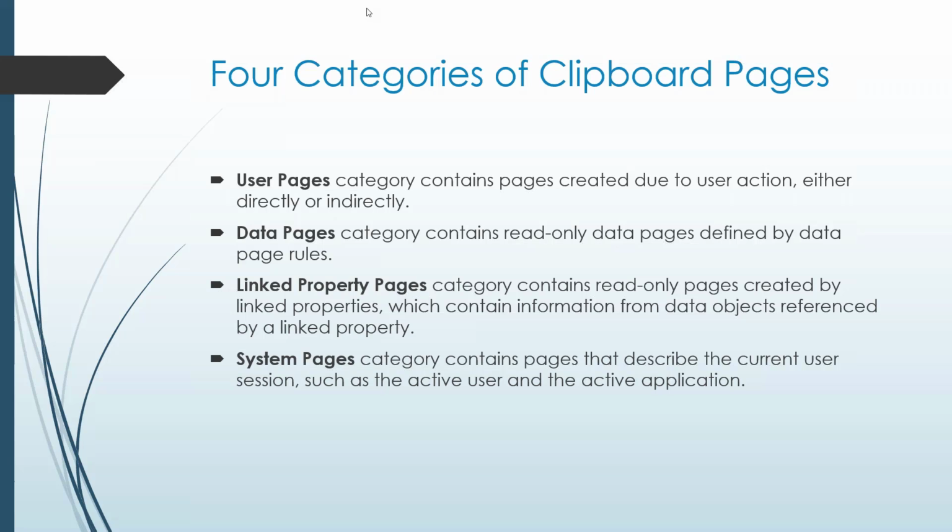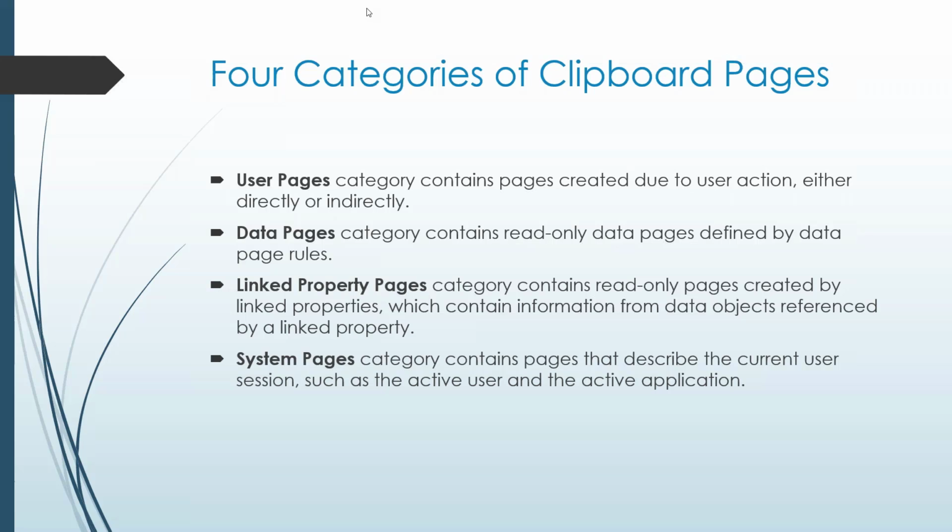According to what kind of data you're looking at, you need to choose the respective clipboard category. If I want to look at system related information, I should check only the system pages. There's no point checking the user pages category because it doesn't have any related information to the system. So we should clearly know which category holds what kind of data.